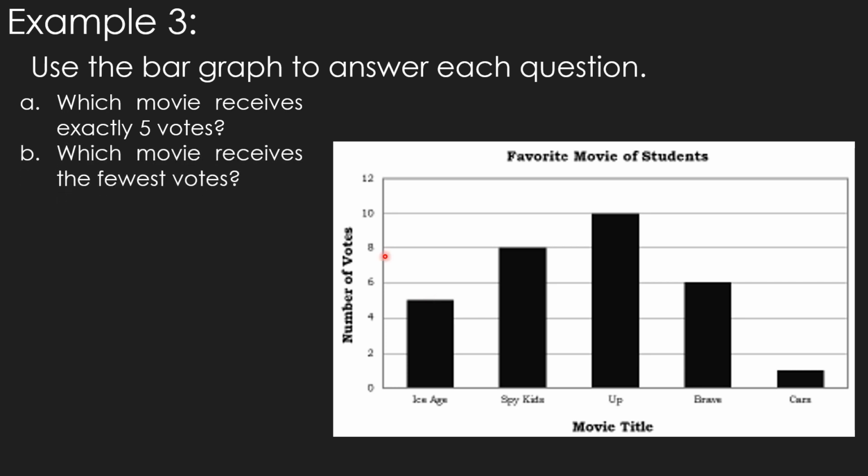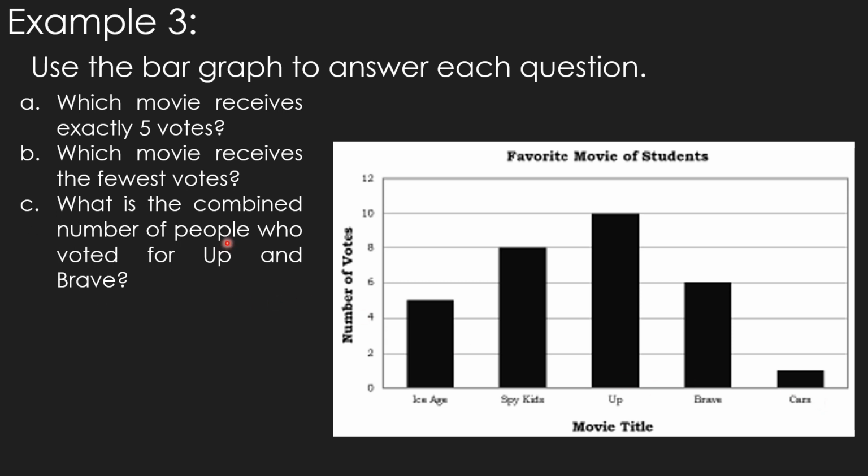B. Which movie receives the fewest votes? So, in the bar graph, we can see the lowest is Cars. So, Cars receives the fewest votes. Next question. What is the combined number of people who voted for Up and Brave? We have here Up, which is 10, and Brave is 6.